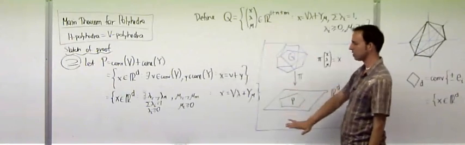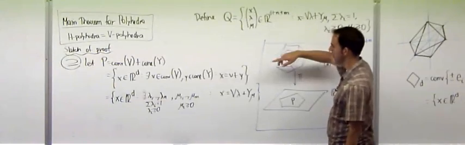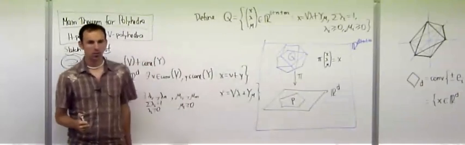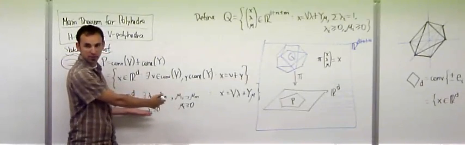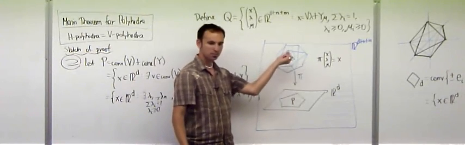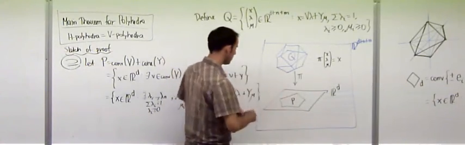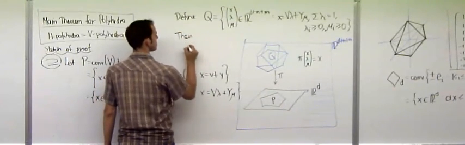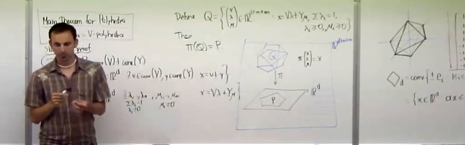Well, it goes exactly to P. Because if you have something in Q, then when you map it to P, you get exactly the same thing, and there exist these lambdas and mu's. And conversely, if you have a point in P, that means that there exist lambda and mu that satisfy the necessary equations, which means that there is a way of lifting that point in P into a point x with a lambda and a mu. And so the point is that the projection of Q is P.